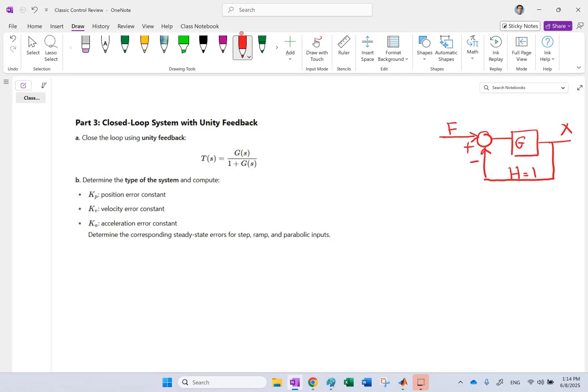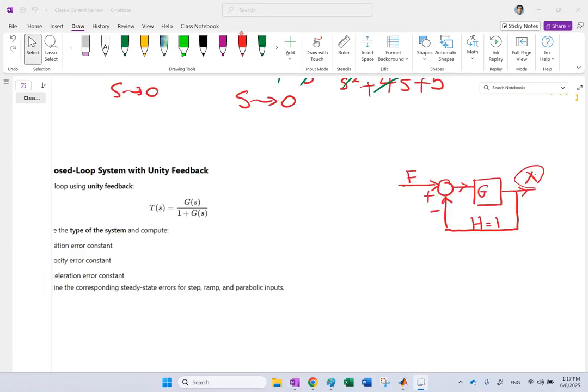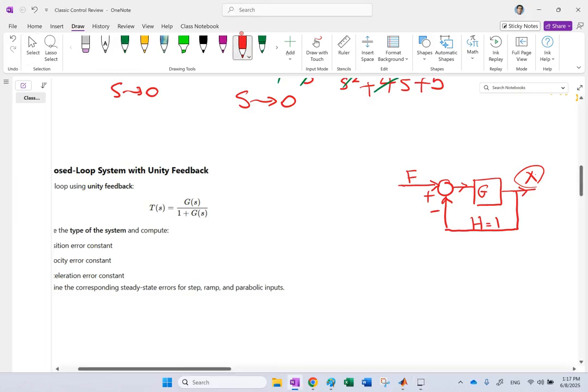So assume that your sensor is measuring the position of the object without any filtering or any type of distortion. So the signal that is being subtracted from the input is the exact same thing as X.